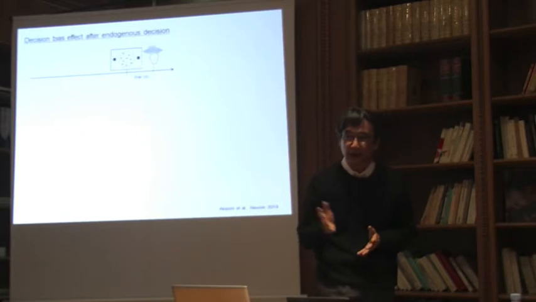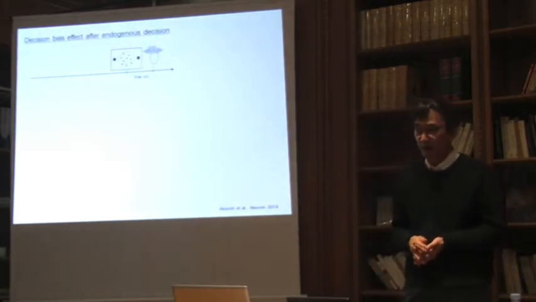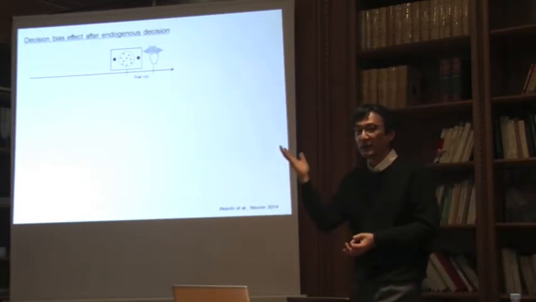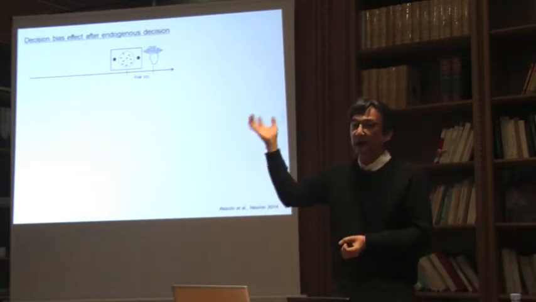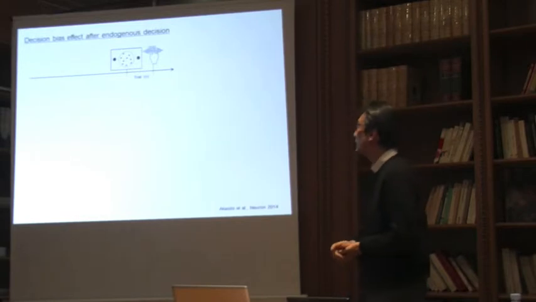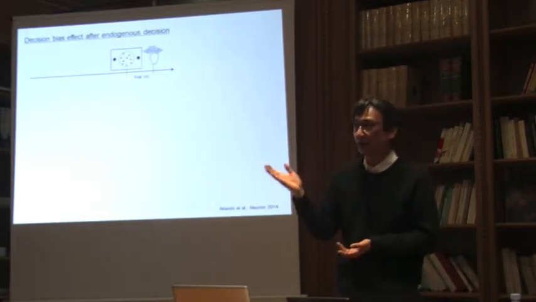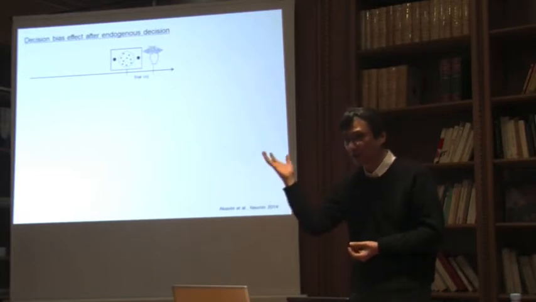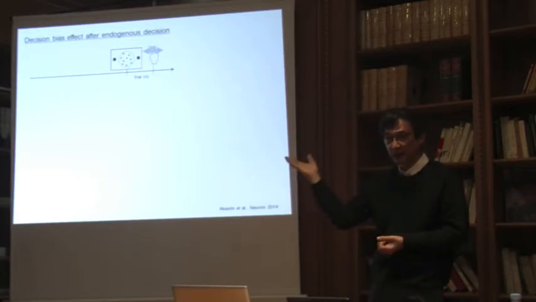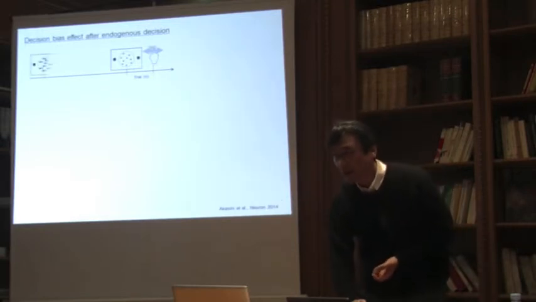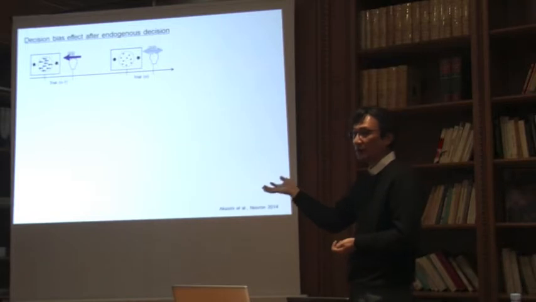But in some trials, there's no coherent motion, but still the subjects were forced to judge whether this is right or left. And you could imagine that the probability of making a rightward judgment is about 50%. But this behavior is shown to be affected by the decision on the previous trial.